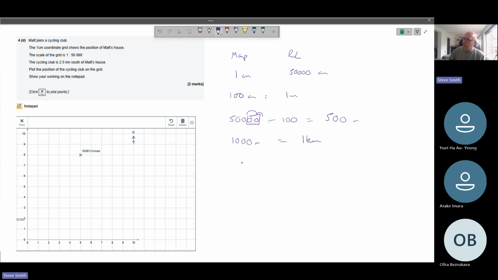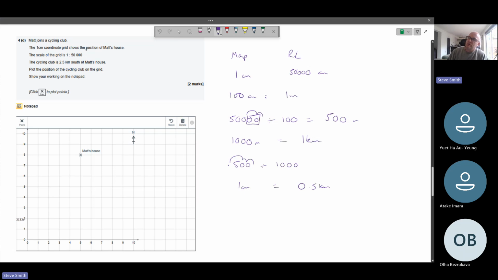So if we divide 500 by 1,000, you're thinking, oh, it doesn't go. Well, it's quite good, isn't it? Because we can then bounce our decimal place: 1, 2, 3. So it becomes 1 centimeter is the same as saying in real life 0.5 kilometers.